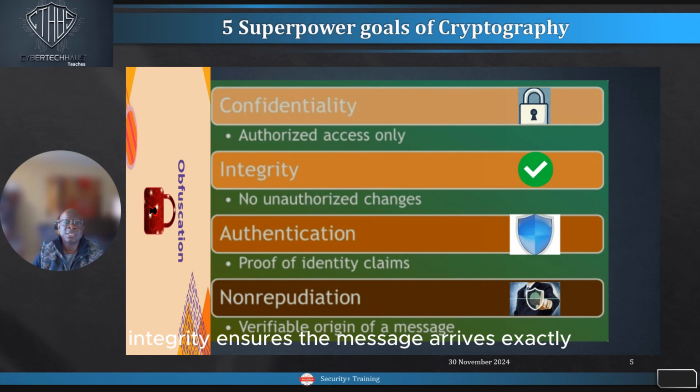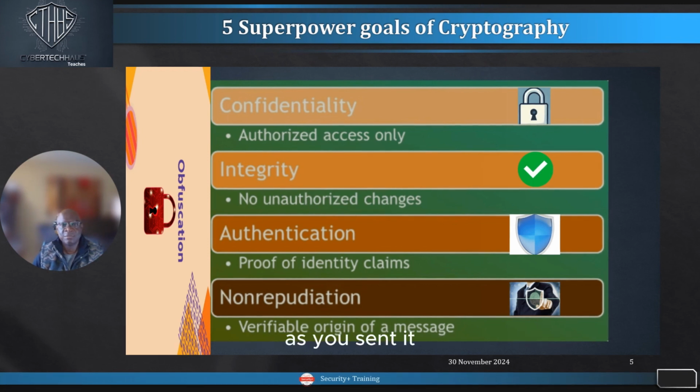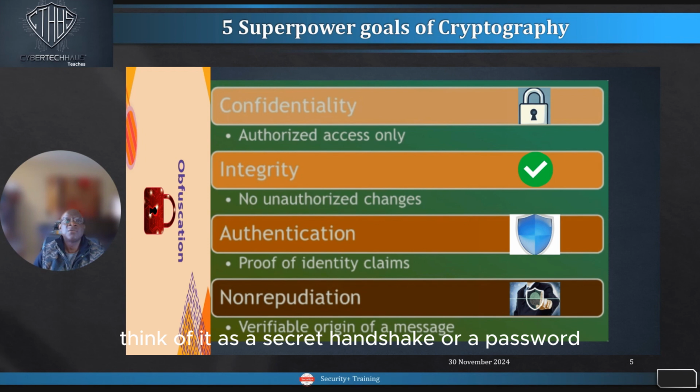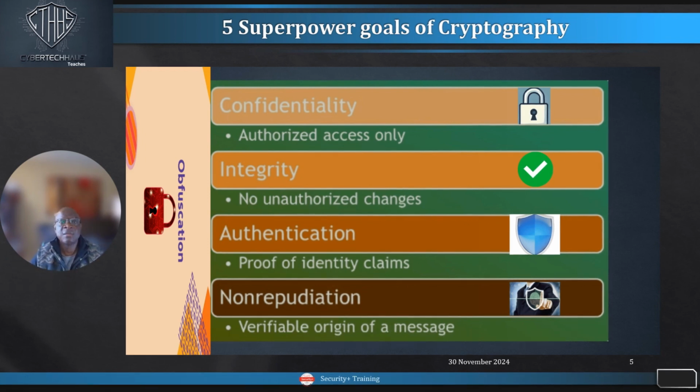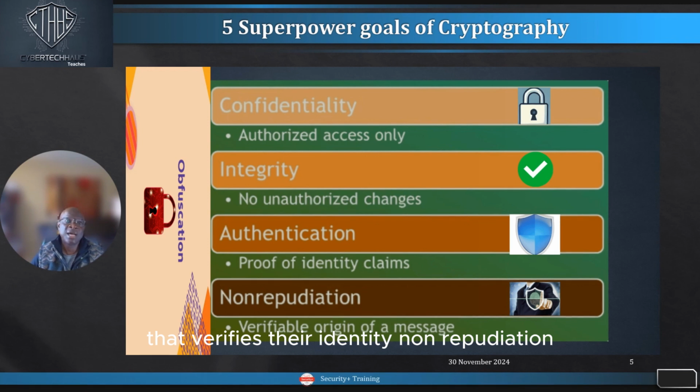Integrity ensures the message arrives exactly as you sent it. Authentication. This is like making sure the person you're talking to is really who they say they are. Think of it as a secret handshake or a password that verifies their identity.